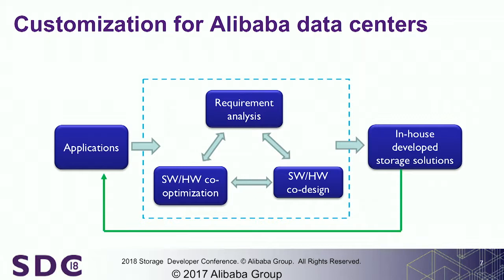We do the requirement analysis here. Based on that, based on the hardware we have and also what our collaborators can provide, we do co-design and co-optimization. This is a kind of circular loop process. Then we generate these in-house storage solutions and provide them back to the business unit's application side and ask them, do you like this?